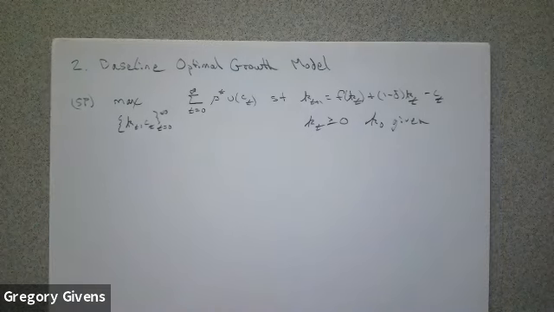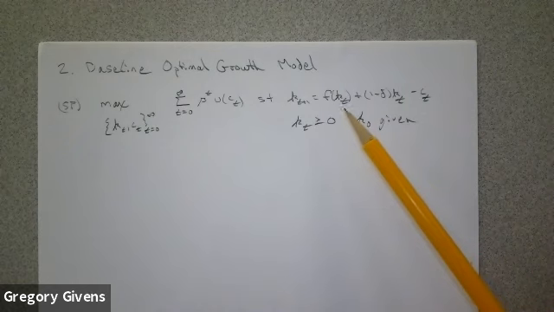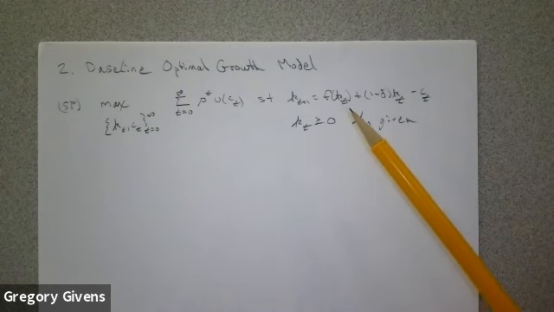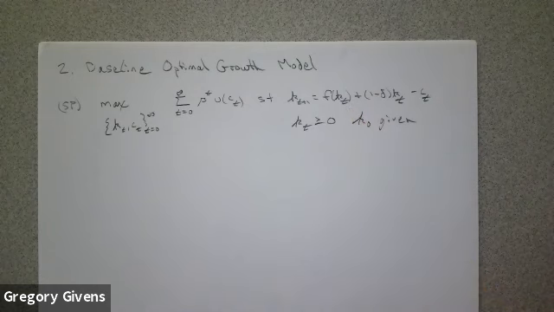So this is the statement of the standard baseline optimal growth model. We're going to make standard assumptions about the production function. It is neoclassical, so it is increasing in the capital stock, but at a diminishing rate. It's increasing, strictly concave, and satisfies the Inada conditions.